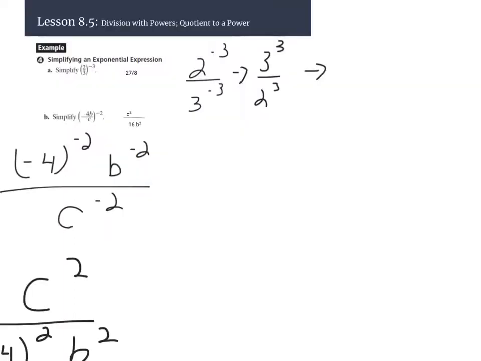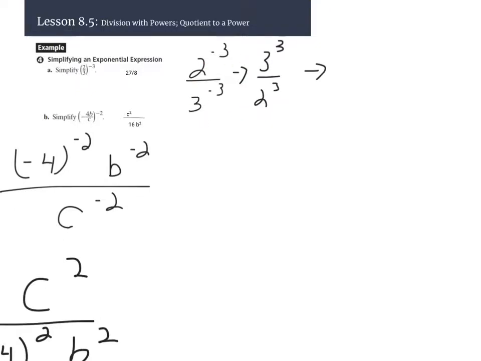In our last example here, we are looking at 2/3 to the -3rd power. The first thing I want to do, and again, there's a couple of different approaches we can take to this problem, but our first approach here, we're going to distribute that -3 to our numerator and our denominator.